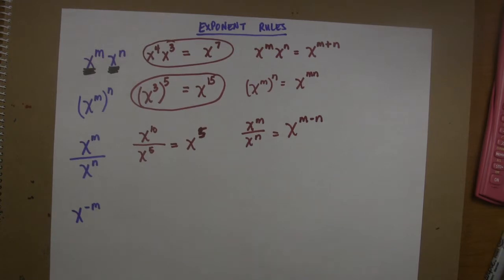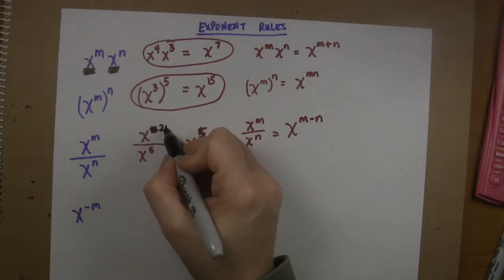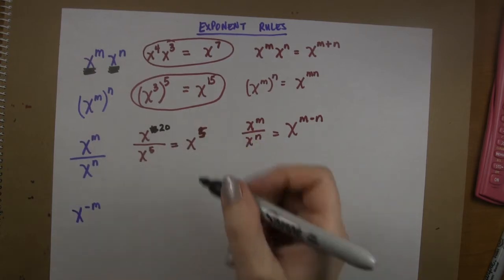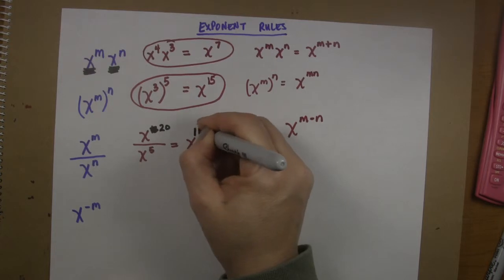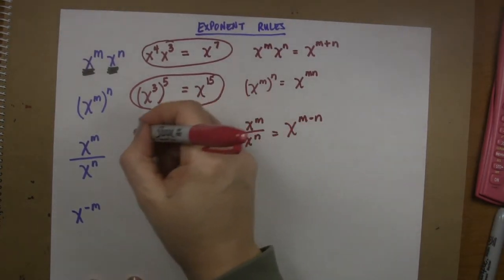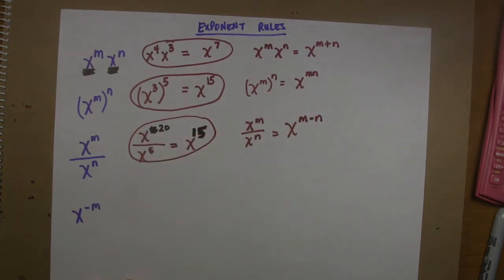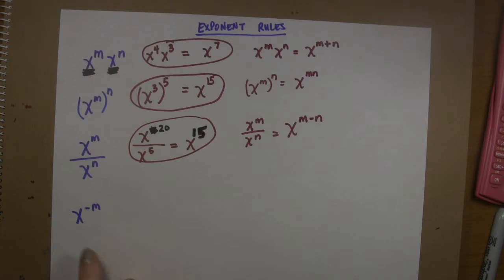So maybe I should change these numbers. I should say x to the 20th over x to the 5th equals x to the 15th. How do you like that? That's a little bit better, don't you think? Okay, because we do 20 minus 5. Again, you have to have the same bases.